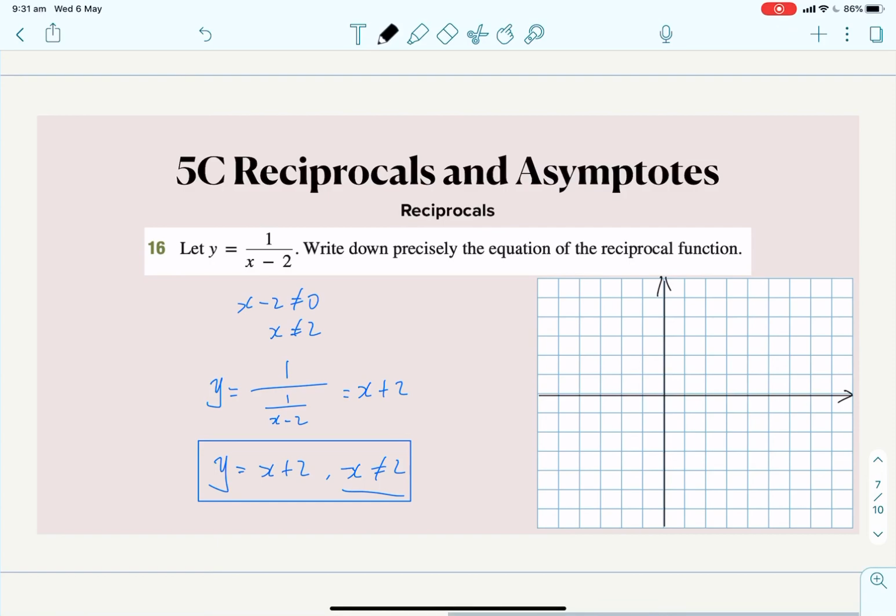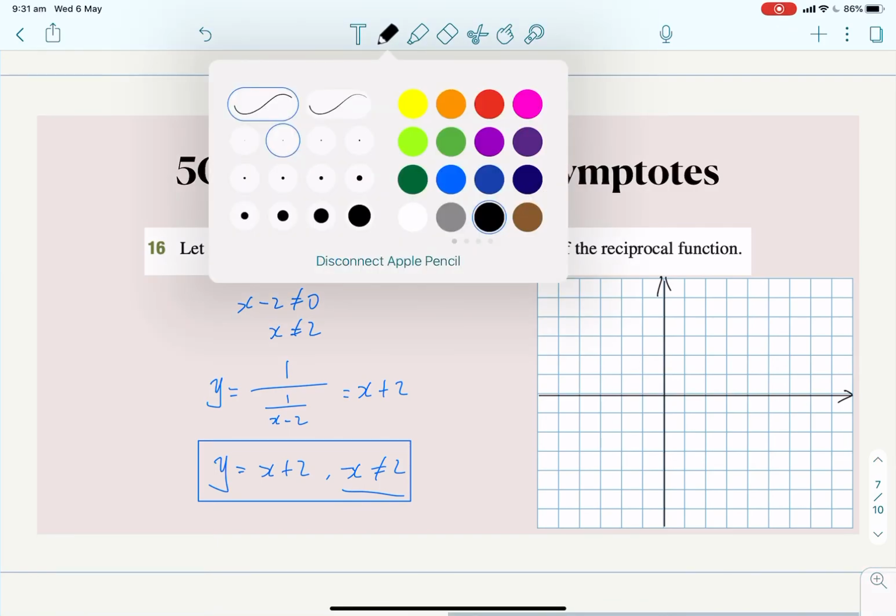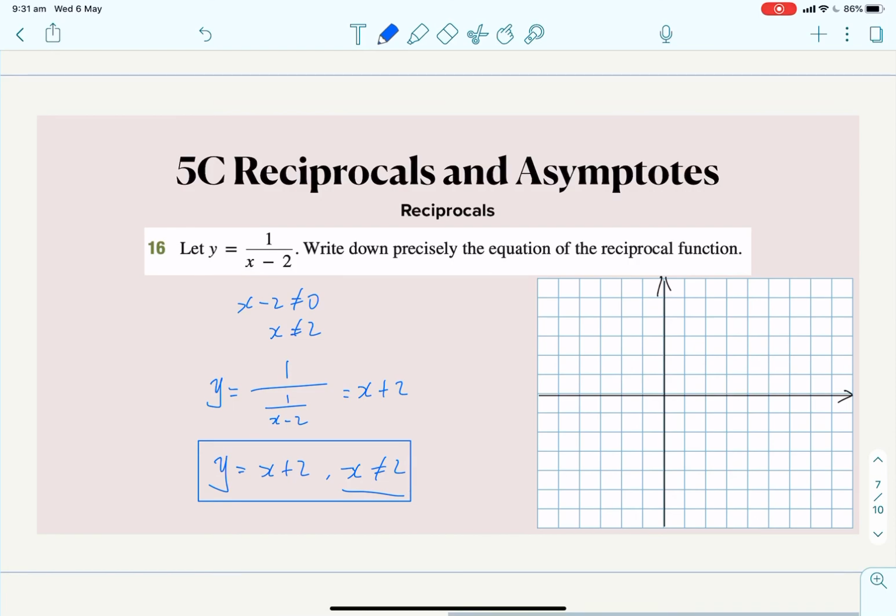Now, x not equal to 2, so we know that x equals 2 is an asymptote. Let's draw the graph first. To draw the graph y equals x plus 2, the y-intercept is 2. And if y equals 0, x is -2. The graph looks like this, and x not equal to 2, so on this line here, we mark that.